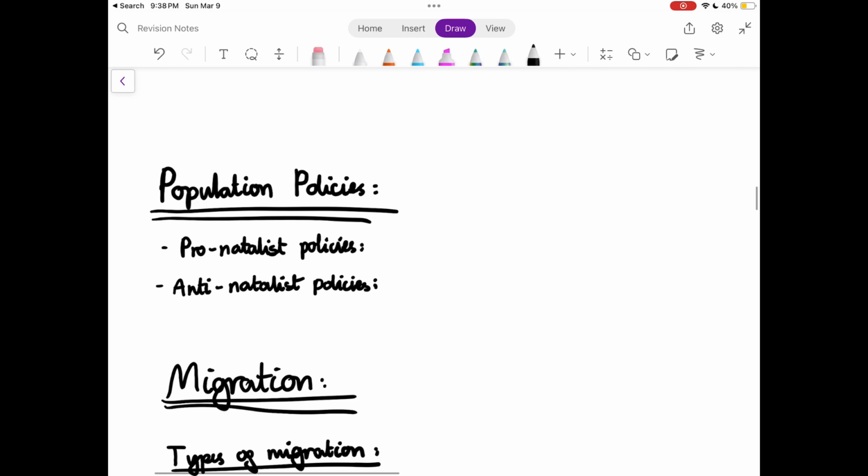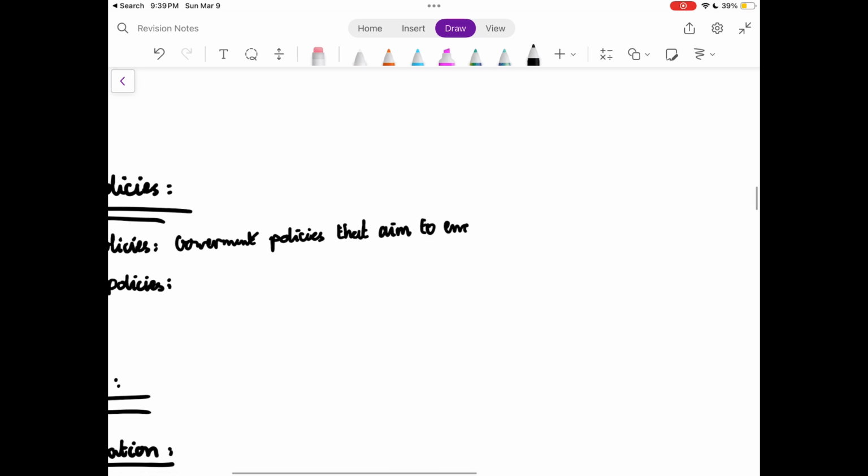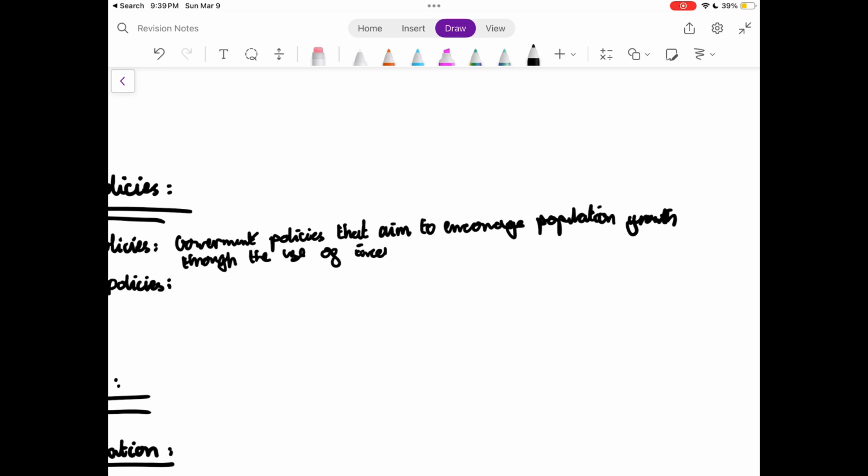So pro-natalist policies are government policies that aim to encourage population growth through the use of incentives.